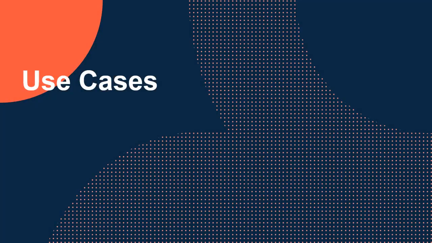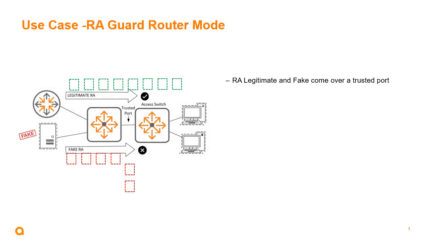Let's look at a use case. Here we have the situation where we have a legitimate RA and a fake RA or an untrusted RA coming over the trusted port. What we want to be able to do is to differentiate between the legitimate RA and the untrusted or fake RA, and we want to be able to do that at the access switch.